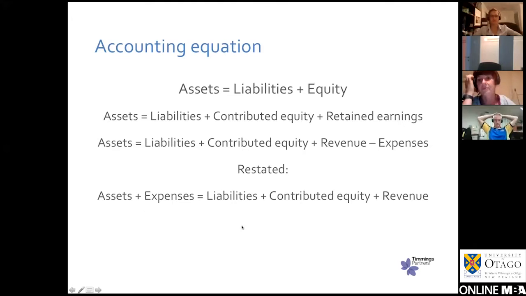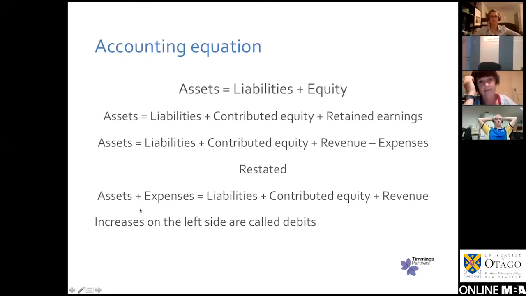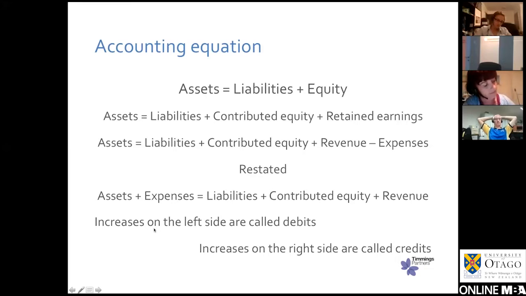The reason I've restated it like that is to explain the concept of debits and credits. Debits and credits are purely accountant speak, and the reason they don't make any sense to anybody else is that when one accountant says debit something to another accountant, all we're really saying is that a debit is a transaction that increases the things on the left-hand side of that equation.